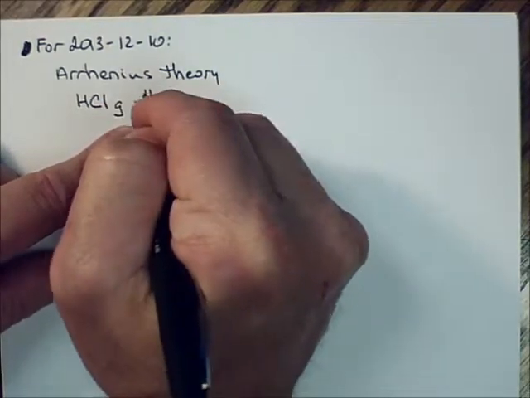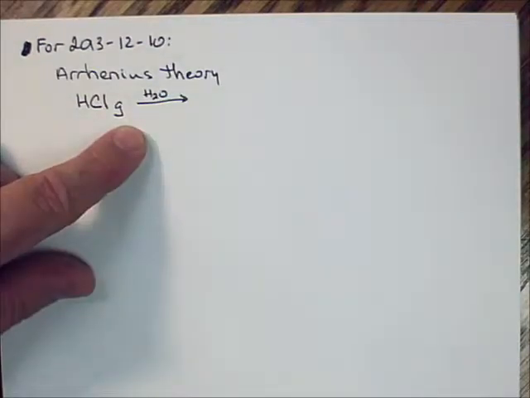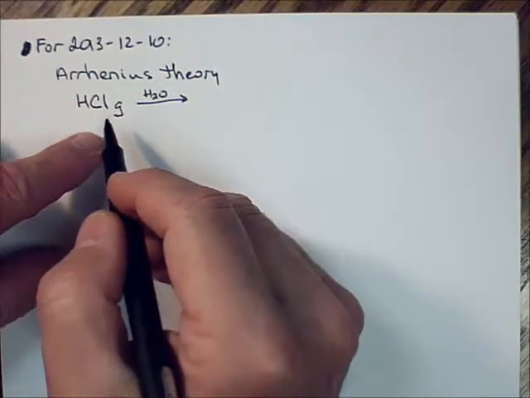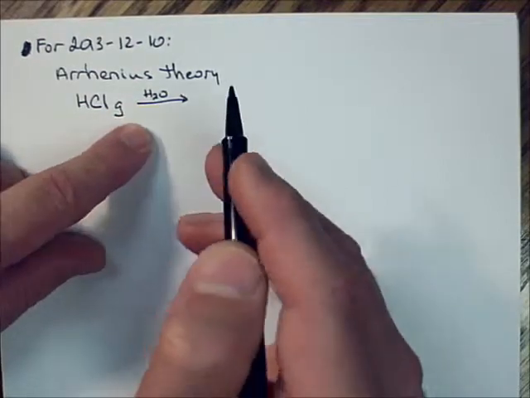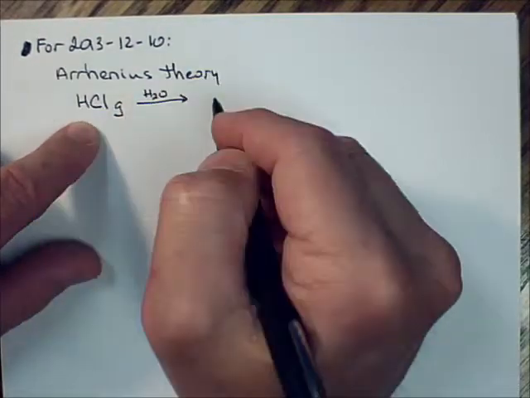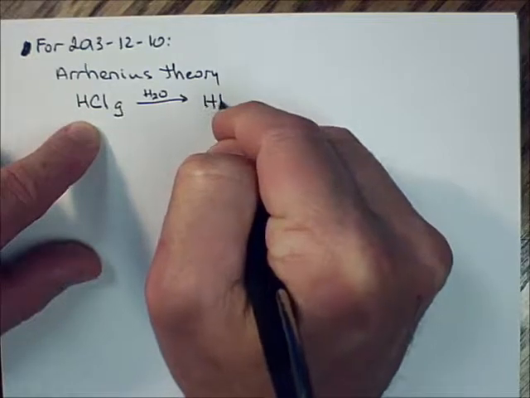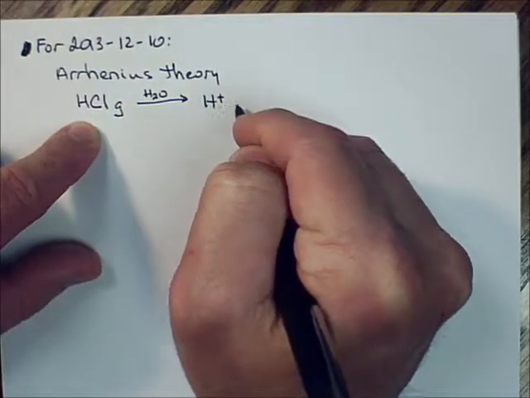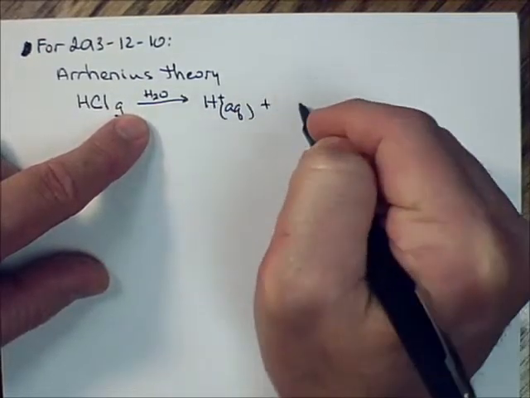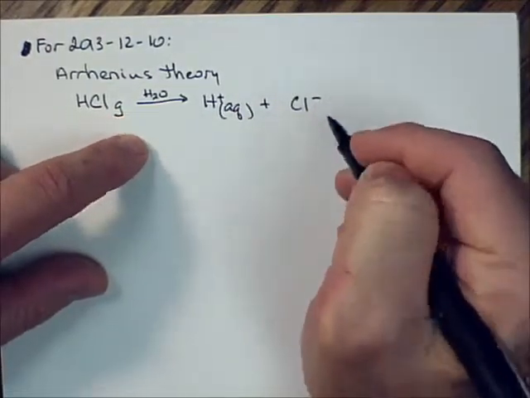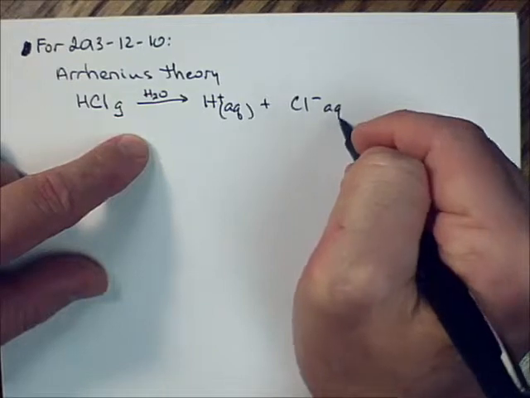This indicates we are doing this reaction in a water environment. It breaks up into hydrogen ions, which are dissolved in the water, so we call them aqueous, and chloride ions, which are aqueous.